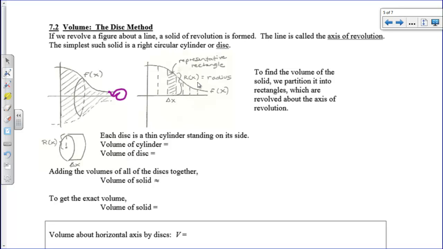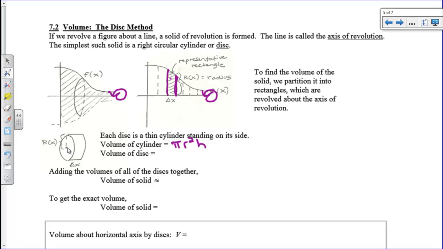So here's the idea. First of all, we're going to take a little cross-section. We're just going to take a really thin delta x, and spin that around the x-axis. If we spin that around the x-axis, we're going to come up with some shape that looks like this little disc. Hopefully you can see that. Each one of these discs would be a little cylinder standing on its side. Now the volume of a cylinder is pi r squared h.